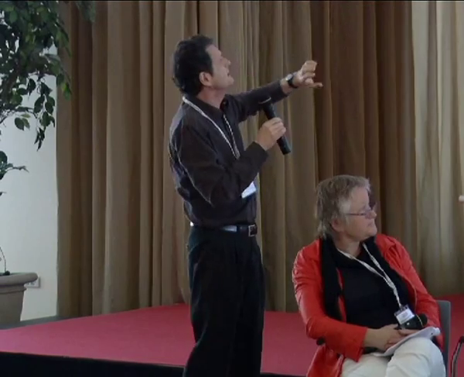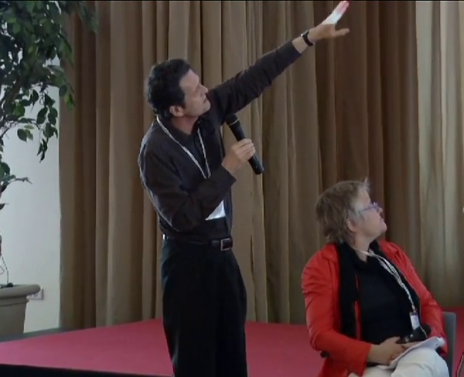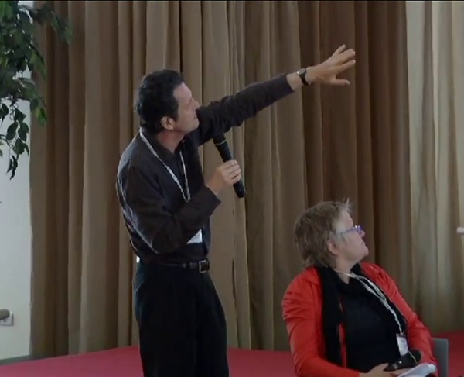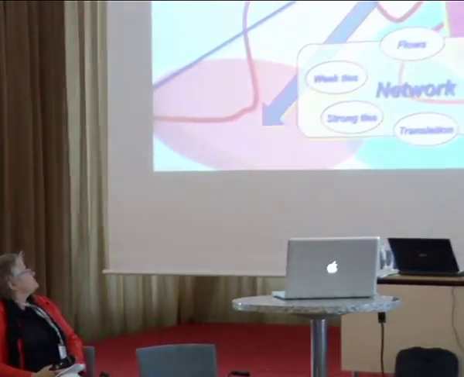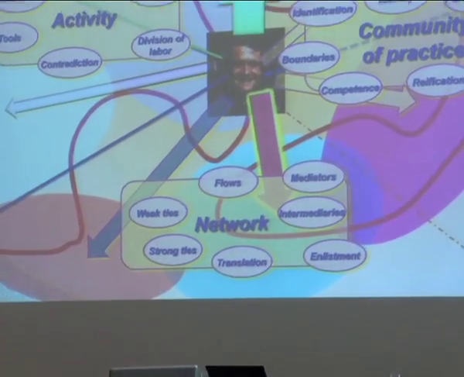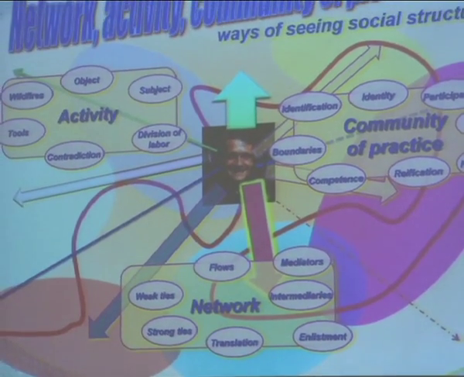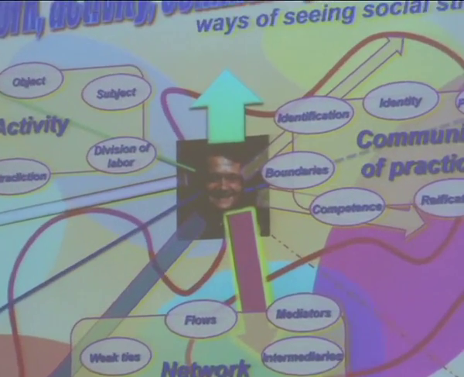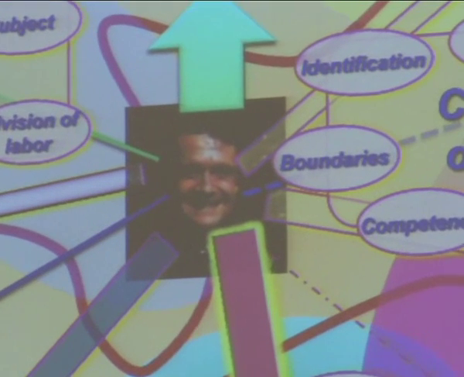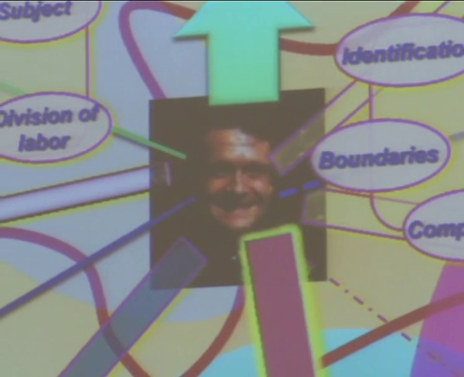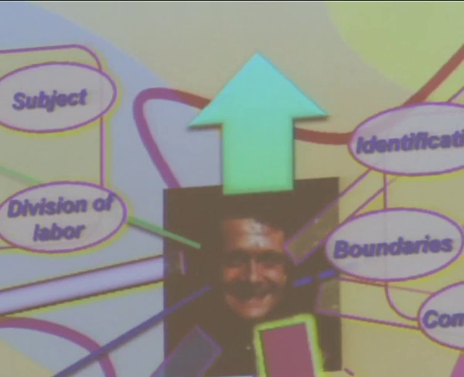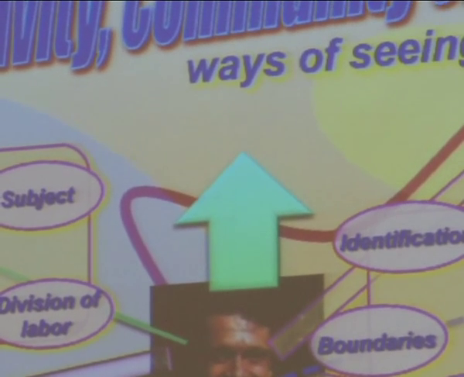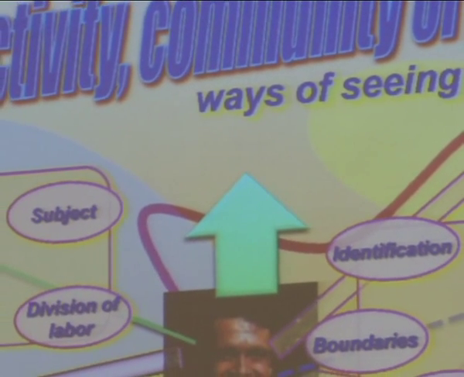Then you have a different kind of vocabulary, and I have tried to express a little bit of the vocabulary that I tend to develop for the kind of stories of learning as identity that I'm interested in. So for me, identity is really a core element, whereas in activity, perhaps object is the core driver of the activity. And in network, it's these notions of flows.